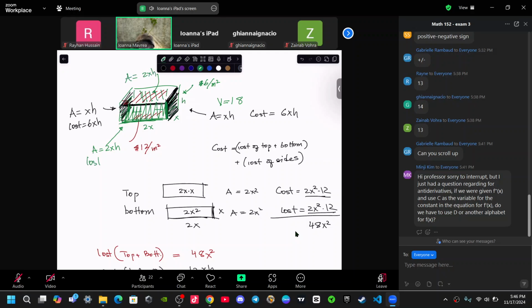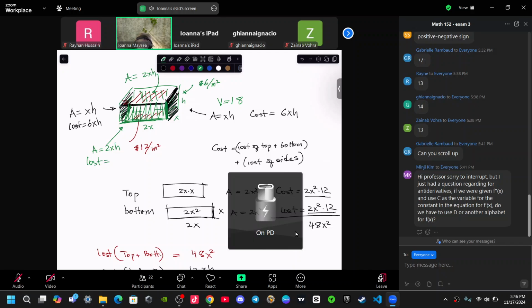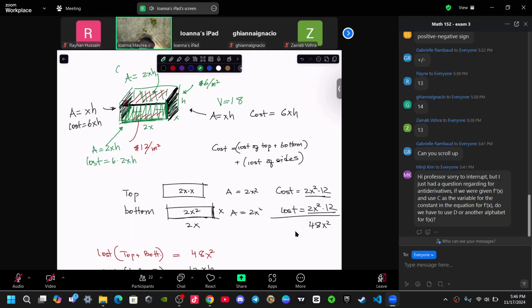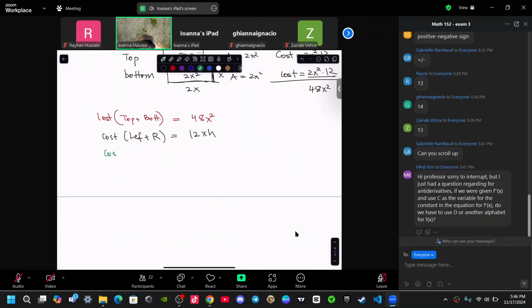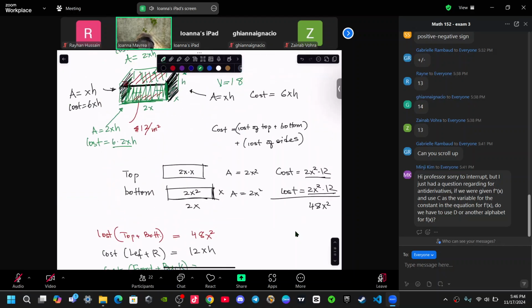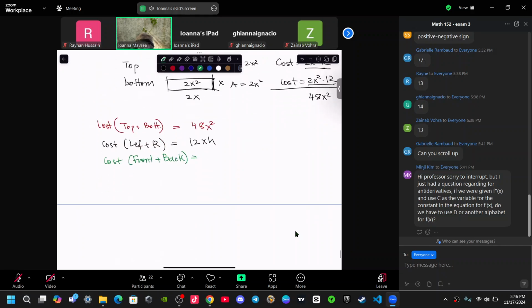So the cost here is going to be 6 times that. And the same thing here. So each one of those is 12xh and another 12xh. So front and back is 12 and 12xh. So it's going to be 24xh.